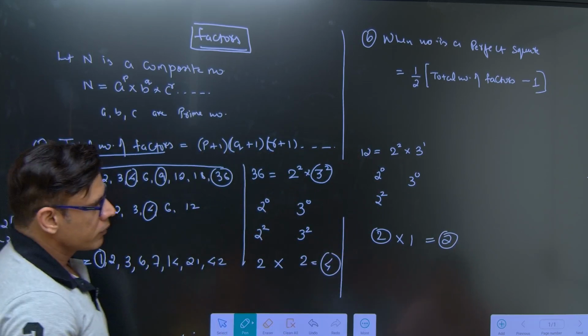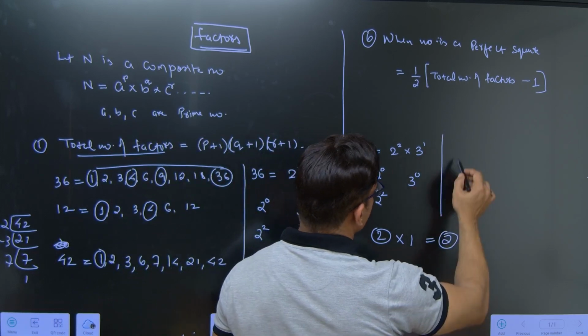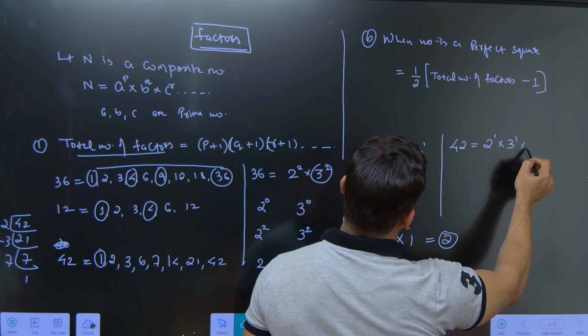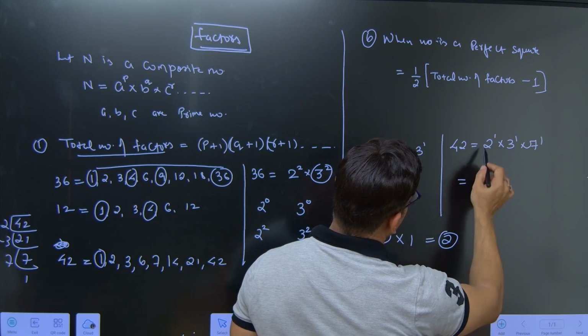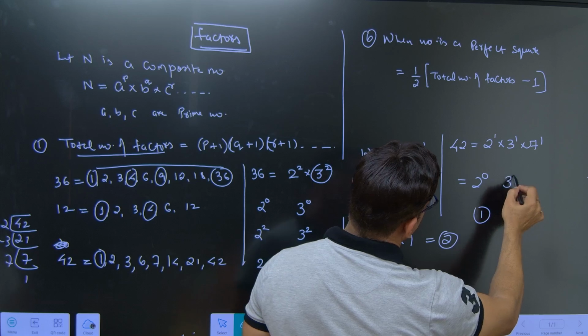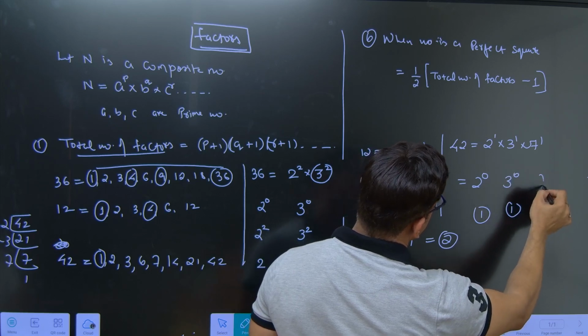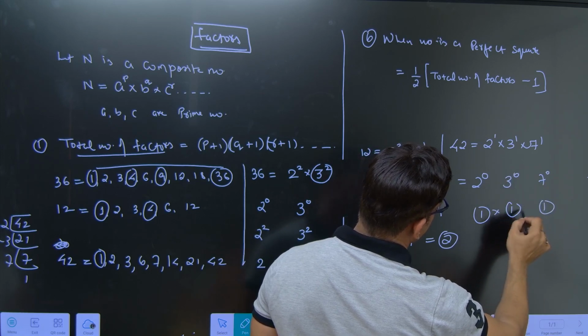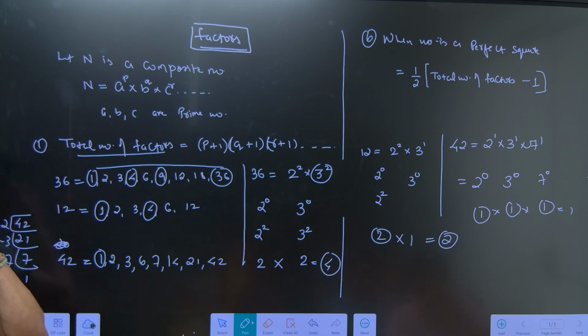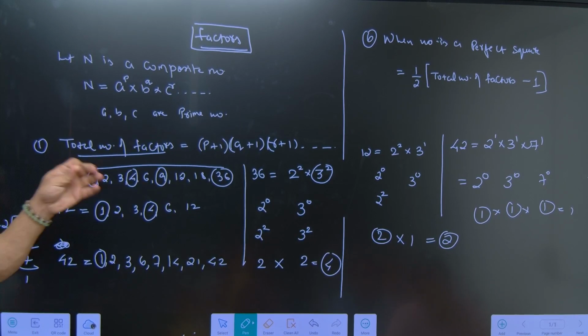In 42, you have 2 raised to the power 1, 3 raised to the power 1, 7 raised to the power 1. Perfect square only at power 0 for each, 1 into 1 into 1, that's why you're getting 1 perfect square. Understood this? Now let's come to how to solve bigger questions with large powers, note it down.